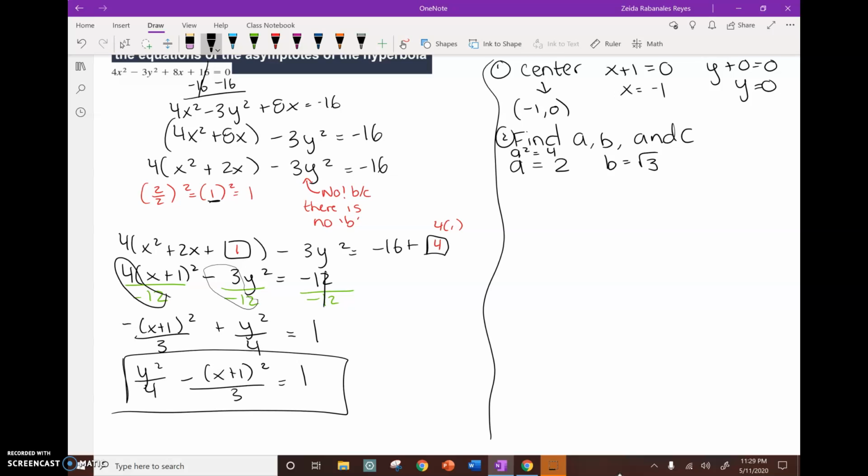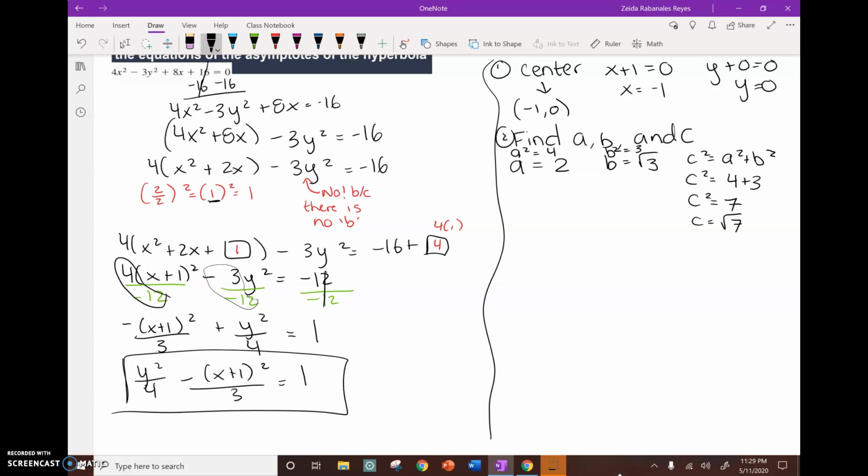A squared is equal to 4, and B squared is equal to 3. So now I can figure out C. Remember, C squared is equal to A squared plus B squared. So C squared is equal to 4 plus 3. C squared is equal to 7. C is equal to the square root of 7.